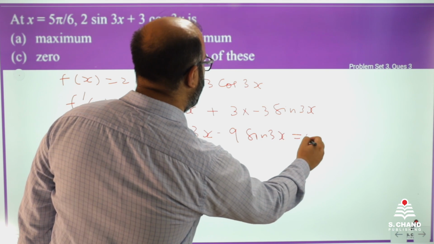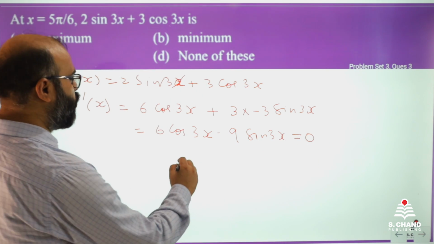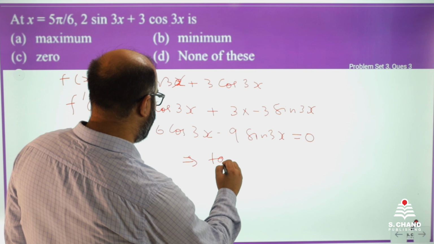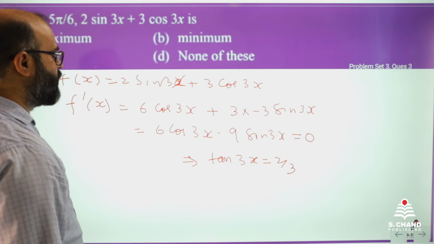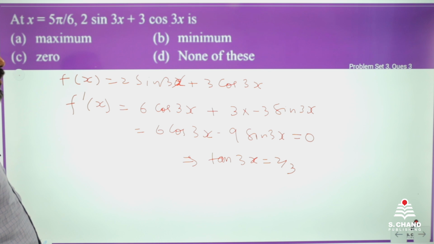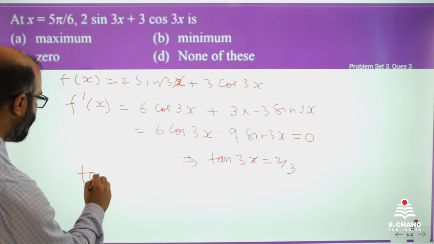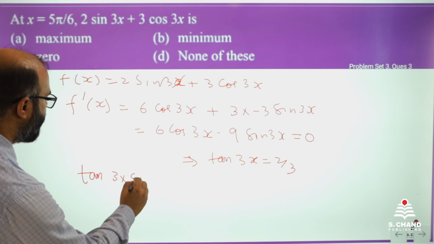Now for a maximum or minimum, it should be equal to 0, which means tan 3x should be equal to 2 by 3, like this. So if you see here, at x is equal to 5 pi by 6, what happens? Tan of 3 into 5 pi by 6.